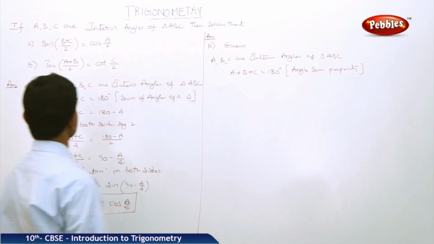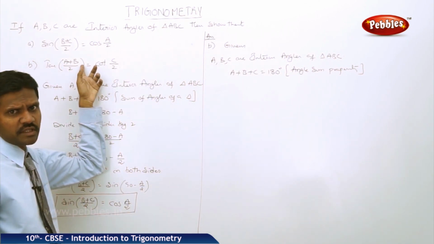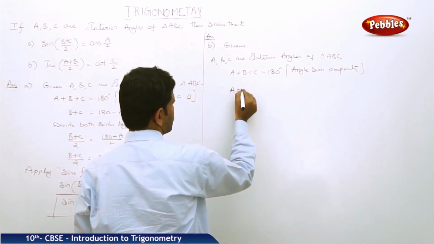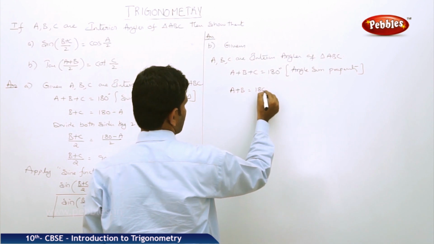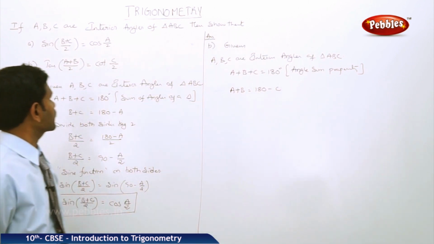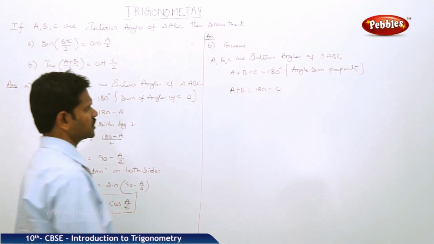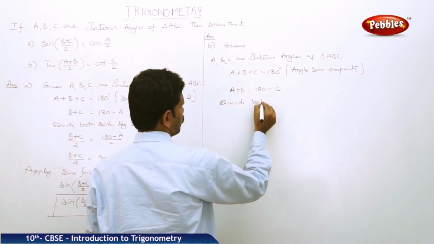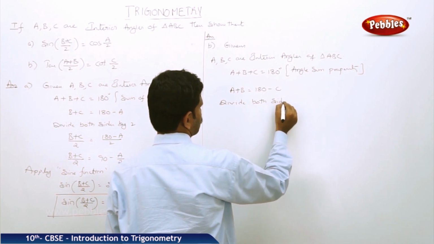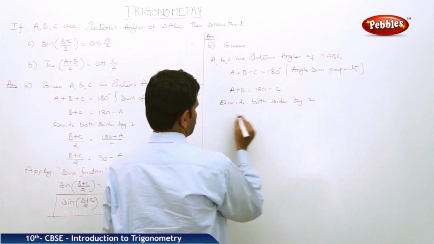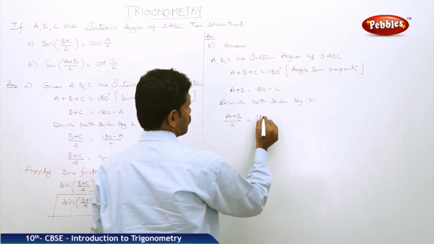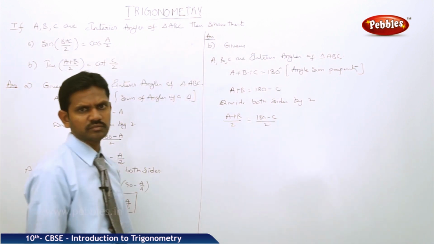In the second question, A and B are associated. That means A and B are grouped. That is, A plus B is equal to 180 minus C, and A plus B is divided by 2. That is, divide both sides by 2. That is, (A plus B) by 2 is equal to (180 minus C) by 2.